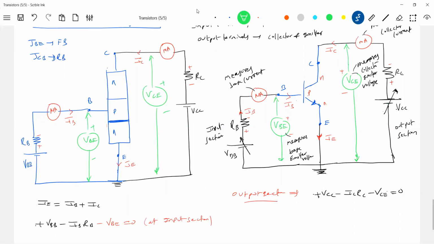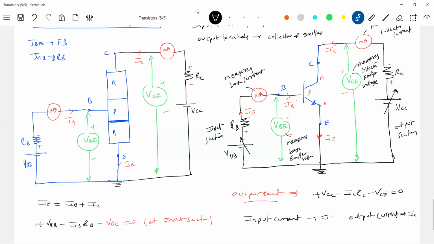Let's come to this one. What are input characteristics? How the input voltage and input current are related. These are not input voltages, these are biasing circuits. This is the input current, this is the output current, output voltage. What is the input current here? IB. What is the output current?